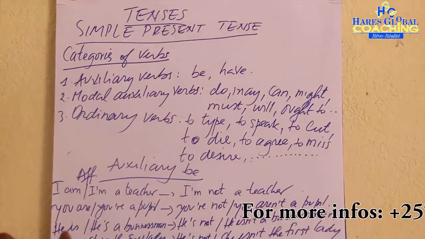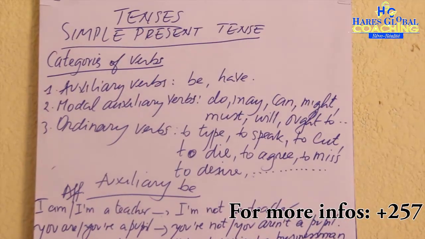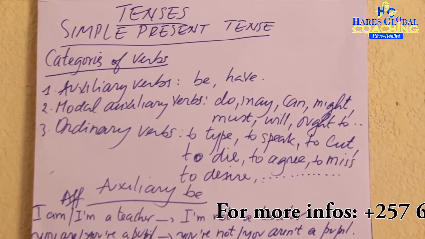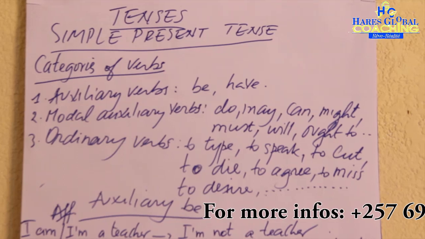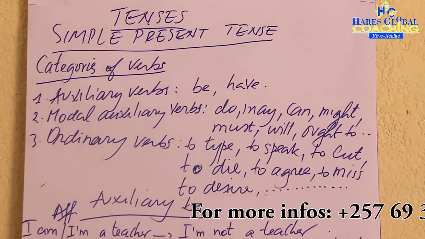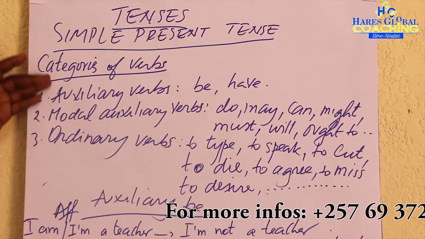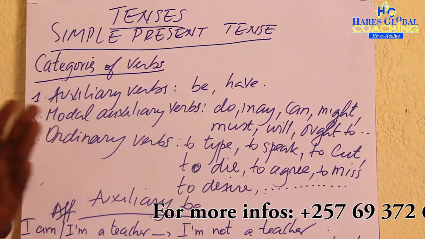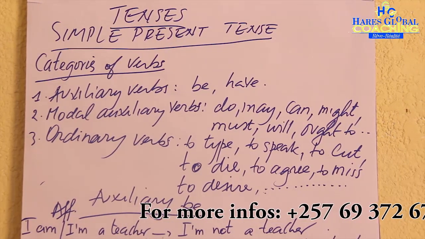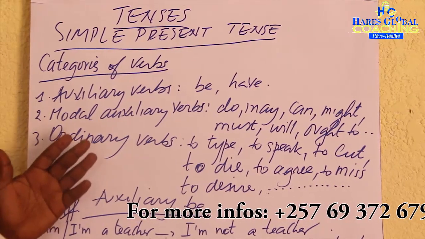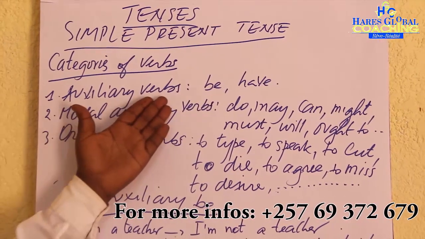To put different verbs in simple present tense, you have first to identify what kinds or categories of verb we can make in English. Here, I have grouped this into three categories. The first is auxiliary verbs.